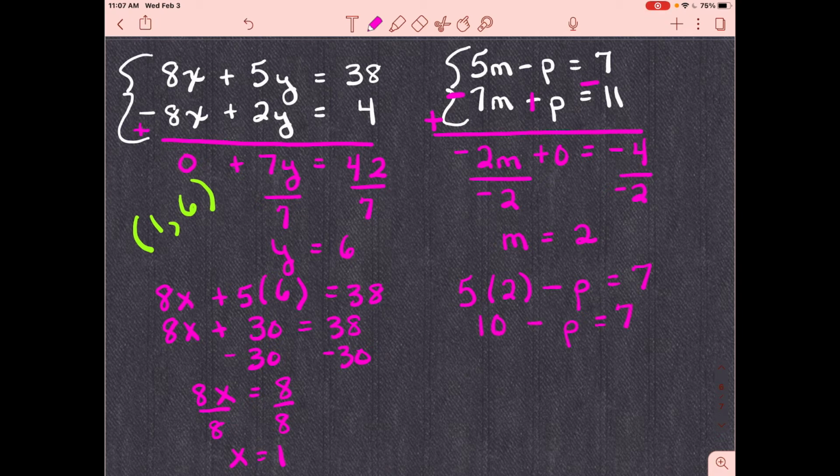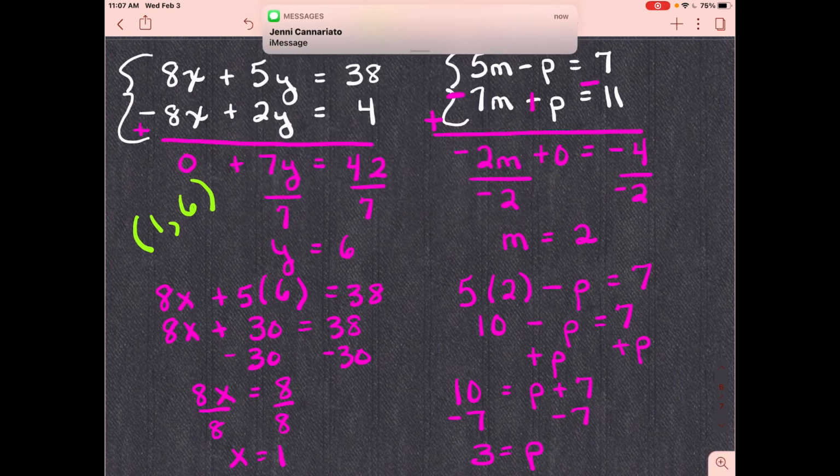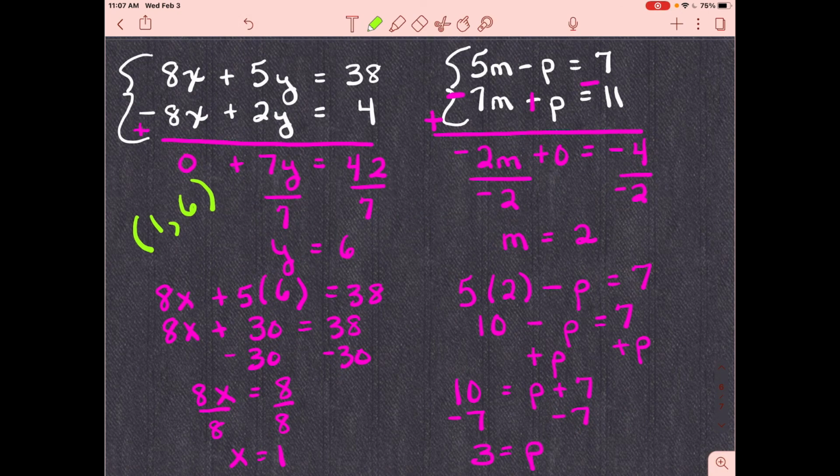I know I'm not going to want to have a negative p anyway, so at this point I might just add p to the other side, and then I have p plus 7 or 7 plus p. You don't have to do that, but in the end you're going to have to multiply or divide by a negative to make that p positive. All right, subtracting 7, and we get 3 equals p. So I have my answers now, and let's put those in alphabetical order because that's generally the way things are.